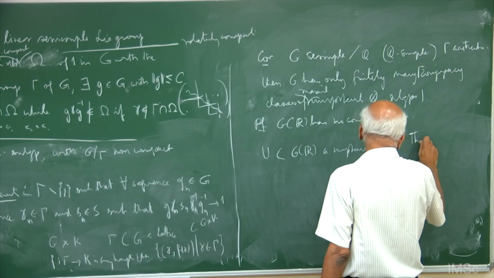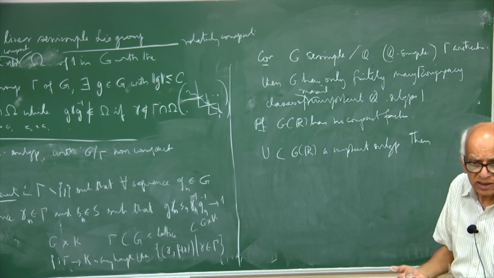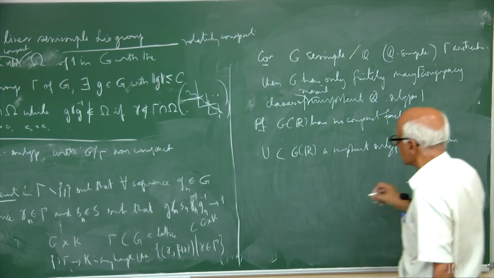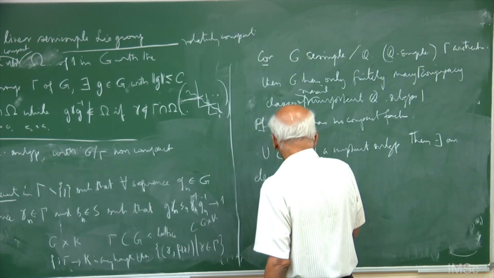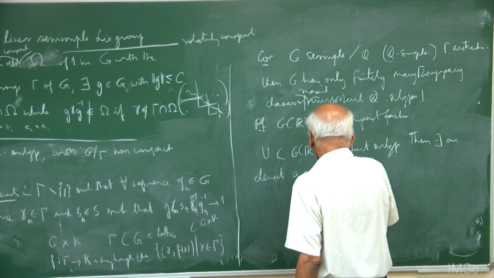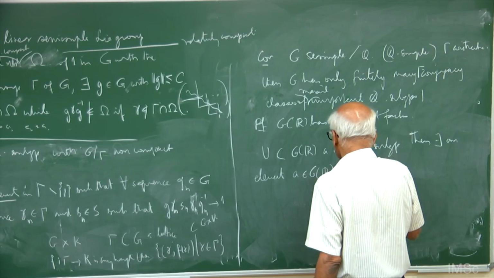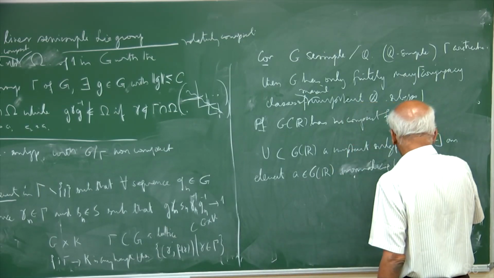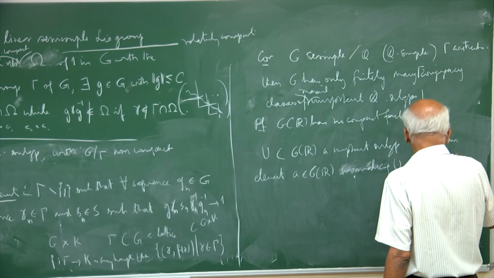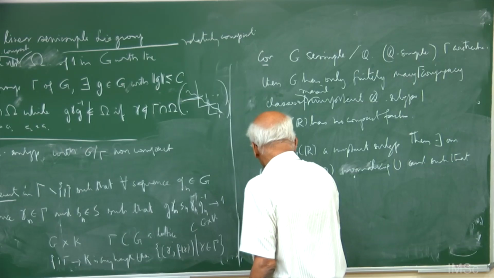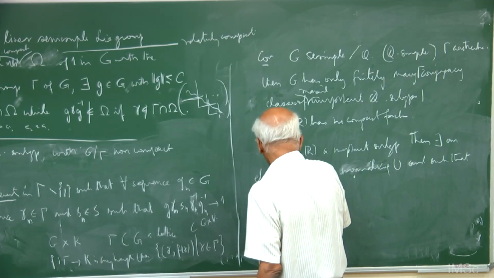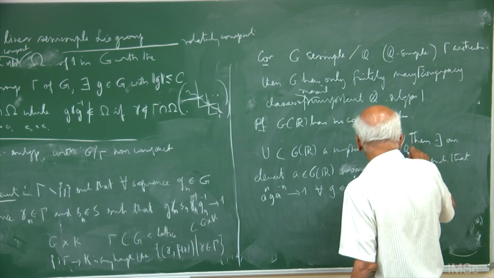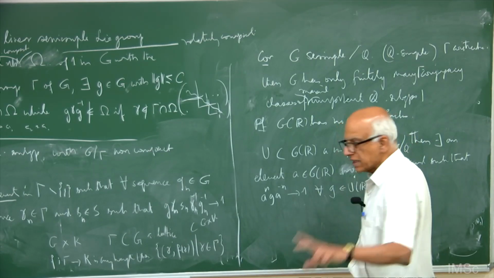Then there exists, this comes from the structure theory, which I have not gone into in great detail, but the following thing is true: there exists an element A in G(R) normalizing U such that A^n g A^(-n) tends to 1 for every g in the unipotent group. It drags everything in U(R) to the identity.